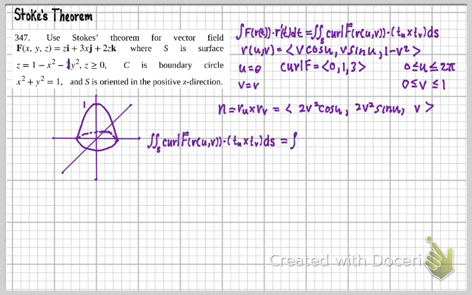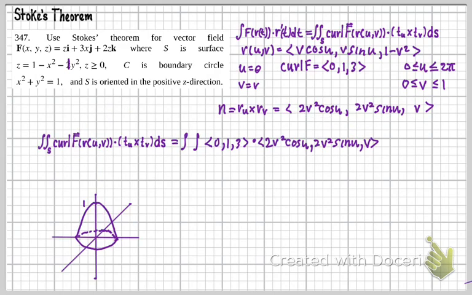I'm just going to write the double integral down for now. My curl of f of ruv is going to be 0, 1, 3, dotted with my normal vector, which is this one here, du dv. And then we're going to put our bounds in.